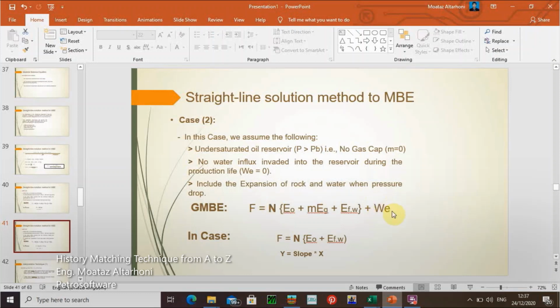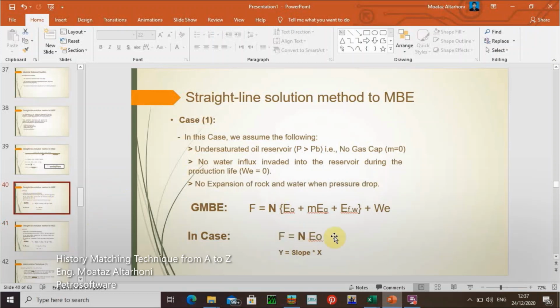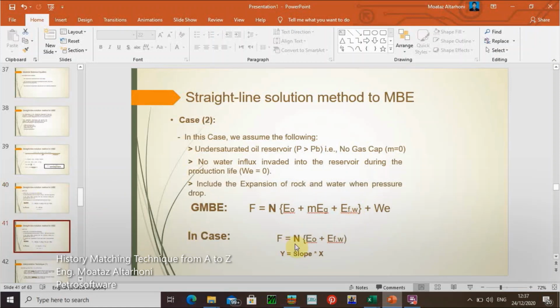So I will cancel the water influx and M, and I will add the rock and water expansion. This sum of oil expansion and total expansion of rock and water is more realistic than the last case, where you assume no effect of rock and water expansion.